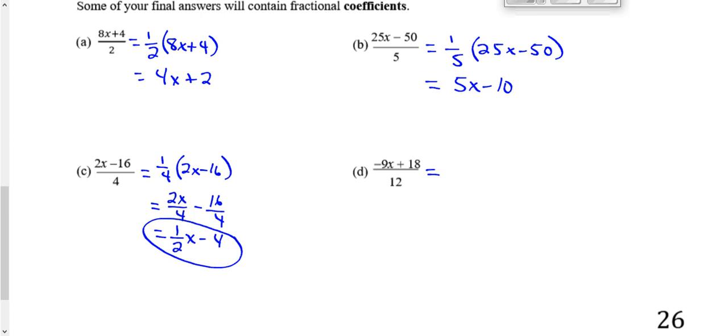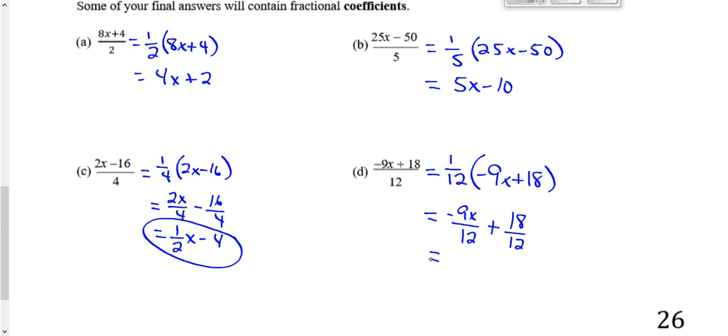Well, let's do it. So 1/12 times negative 9x plus 18. Let's go right to this step here. This will be negative 9x over 12, wouldn't it? Plus 18 over 12. Now let's get negative 9/12 in lowest terms. Divide top and bottom by what?